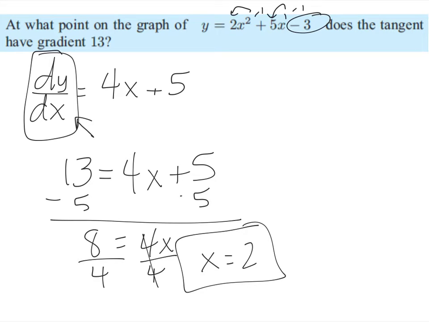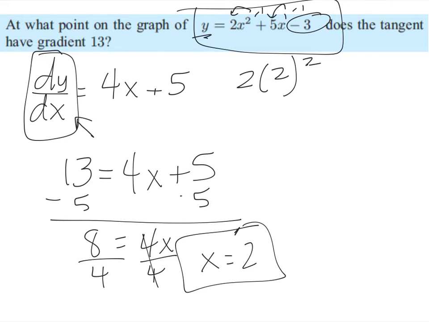So now what we do is we go back to our original equation and plug this x value in, and we solve for y, and that'll give us our y coordinate. So we end up with 2 times 2 squared plus 5 times 2 minus 3, and that is going to be equal to y.